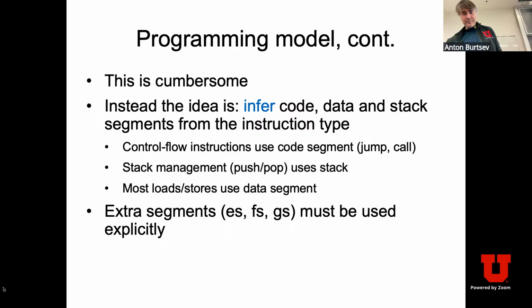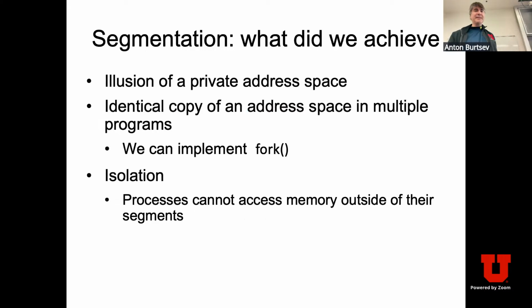We're almost there. Just for a second, what did we achieve with segmentation? Now our programs have an illusion of a private address space. Someone early on in this lecture said, let's virtualize the address space. This is effectively virtualization, right?